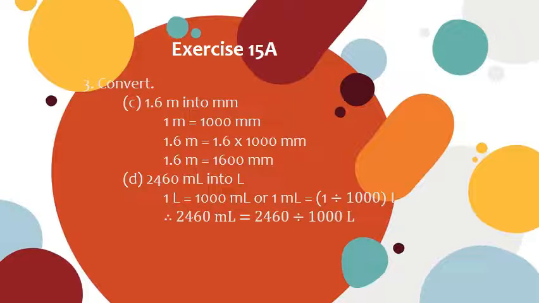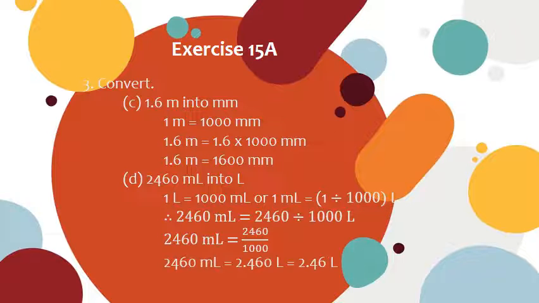Therefore, 2460 milliliter is equal to 2460 divided by 1000 liter, which is equal to 2460 upon 1000, and this is equal to 2.460 liter, that is 2.46 liter. So 2460 milliliter is equal to 2.46 liter.